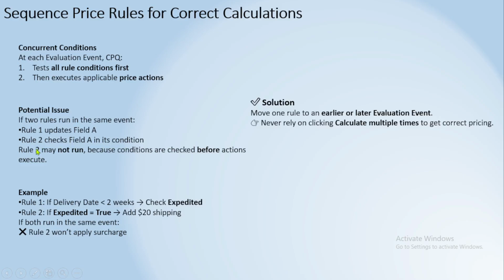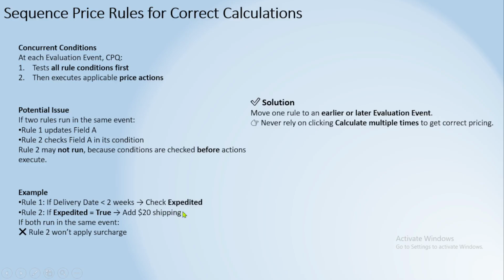So if both are running at the same time, rule 2 may not run because conditions are checked before actions, correct? So rule 1: if delivery date is less than 2 weeks, check expedited. Rule 2 says if expedited is equal to true, then add $20 shipping. If both run in the same event, rule 2 won't apply the surcharge because it will skip this one.